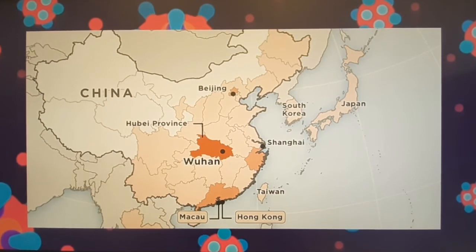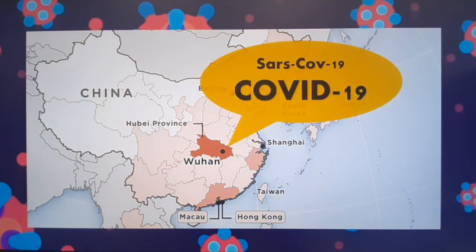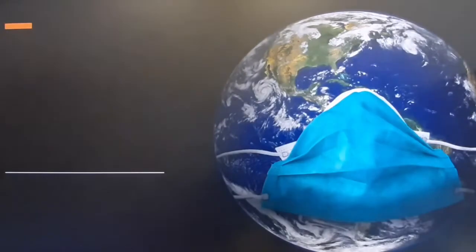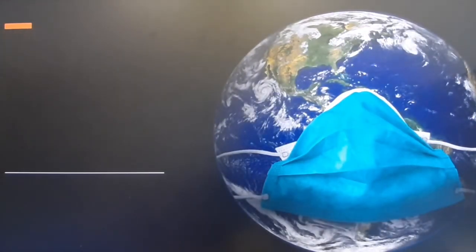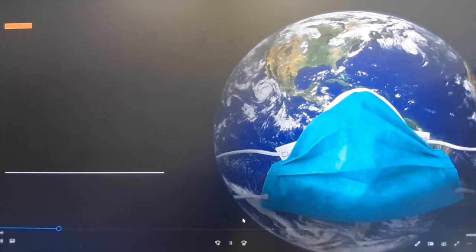These cases were then confirmed to be caused by a novel variation of the severe acute respiratory syndrome related coronavirus 2. I know it's a mouthful, and the shorter version is SARS-CoV-2, or simply COVID-19. Will the world ever be the same after this pandemic, and how can we fight this invisible enemy?